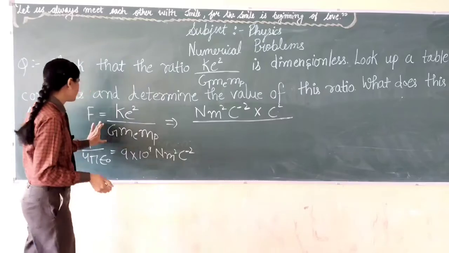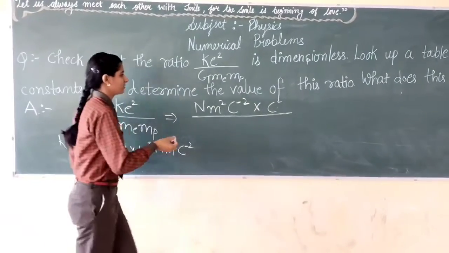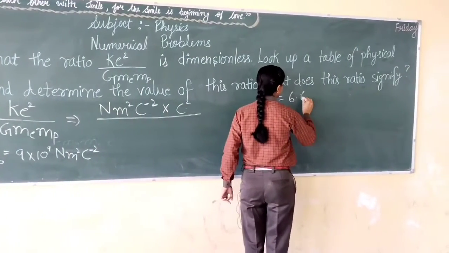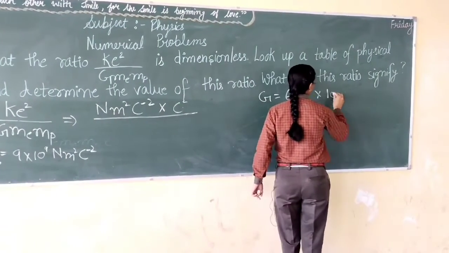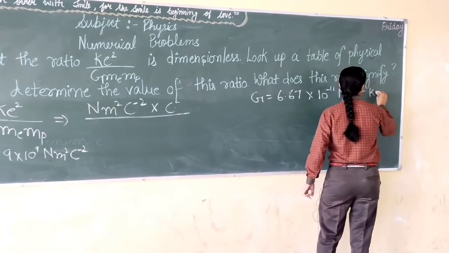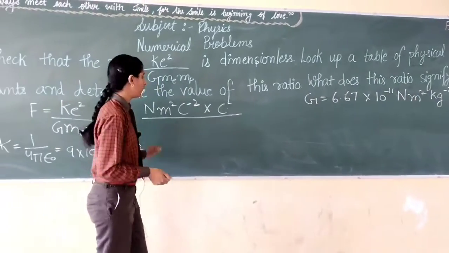And divided by G. G is gravitational constant, and its value is 6.67 into 10 raised to power minus 11 Newton meter square per kilogram square. Any doubt till here? No. Okay.